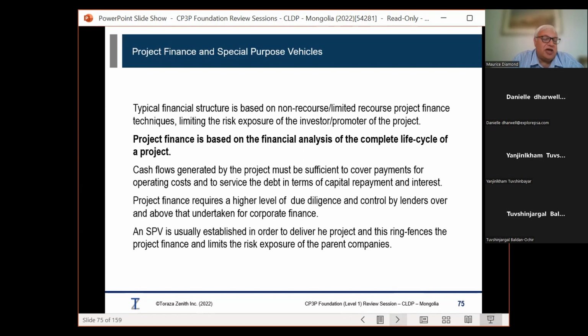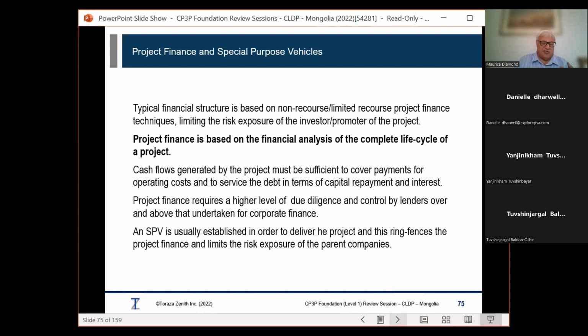Now, if anything happens with the SPV, they can't go back to the parent companies and say, oh, we pay up, it's failed. But there is some limited recourse, and that's normally during the build phase, where the SPV will give some limited guarantees to the private sector. Sorry, the SPV, but it's very limited.